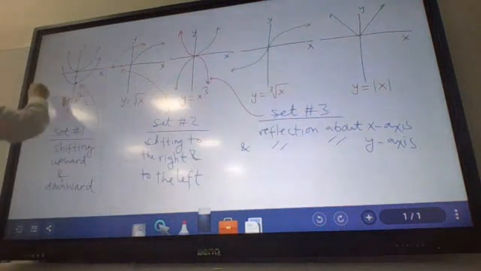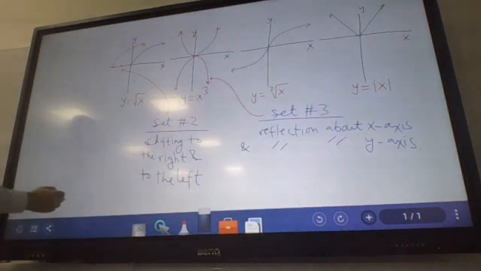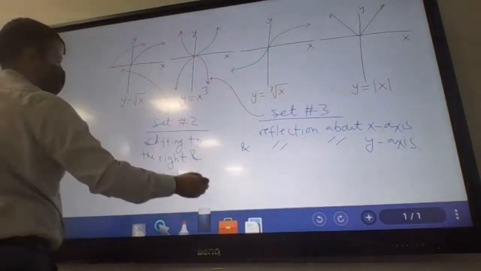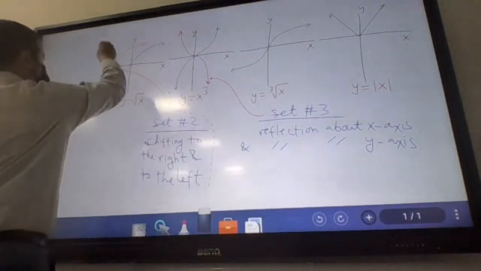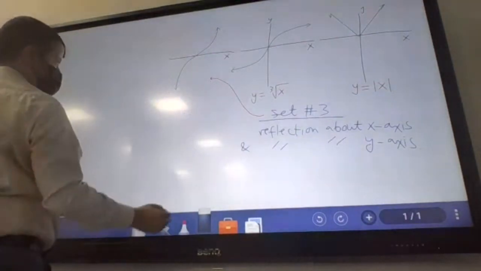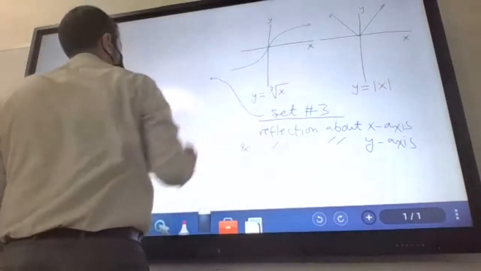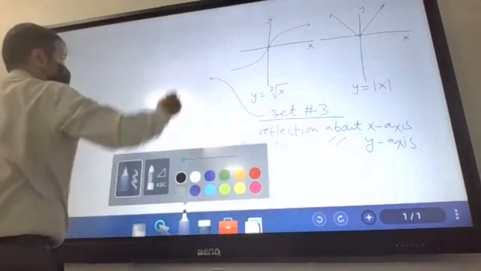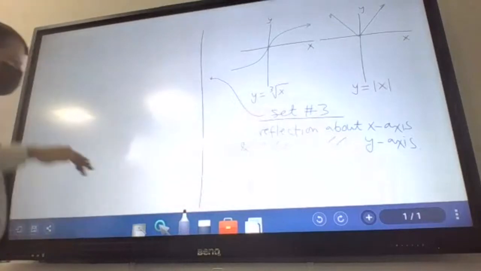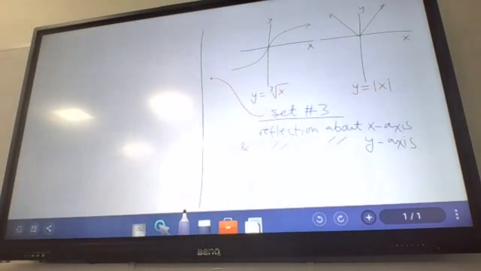All right, let us introduce set number 1. How to shift upward and downward.